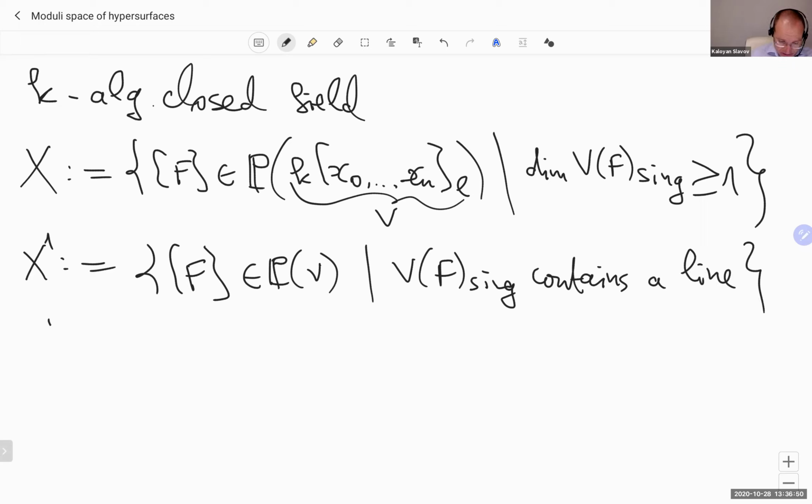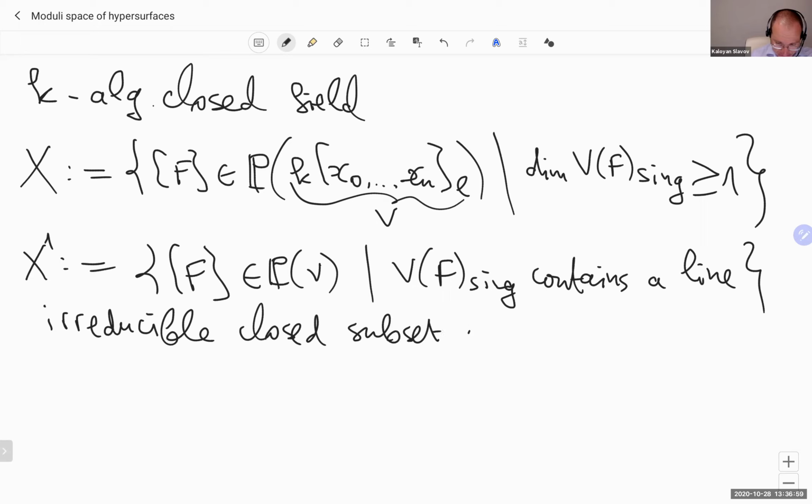It's easy to check that this is an irreducible closed subset of X. You set up an incidence correspondence between a line and the hypersurface so that the line is contained in the singular locus of the hypersurface.